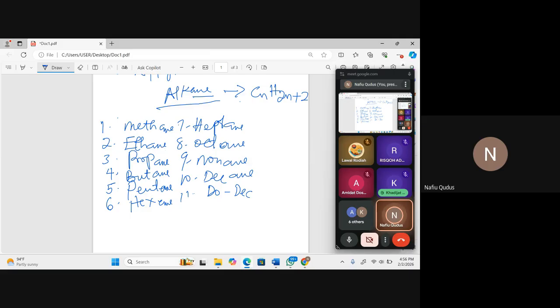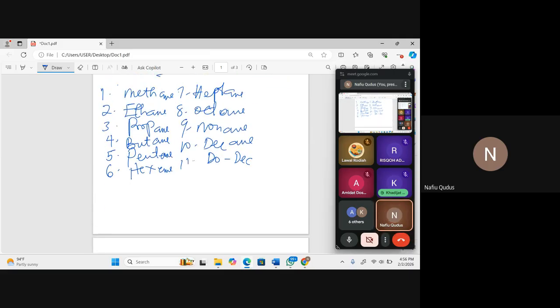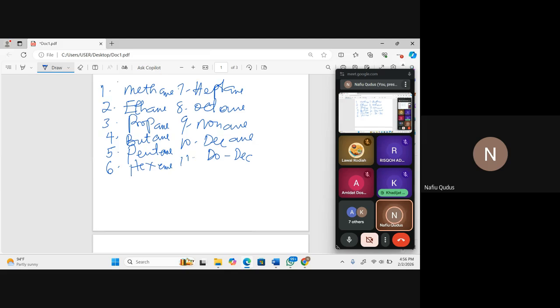Can you see the board perfectly, please? Yes. For methane, our n equals 1. Don't forget that the general formula for the alkane family is CnH2n plus 2.